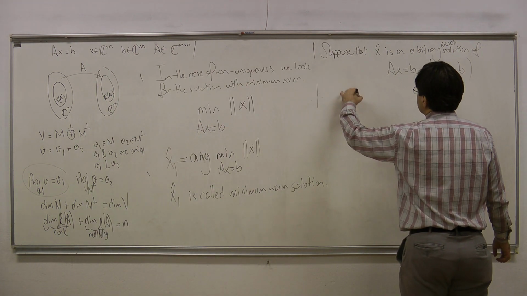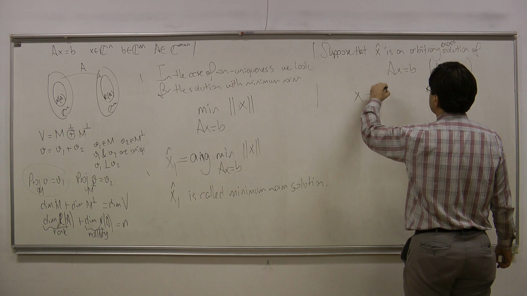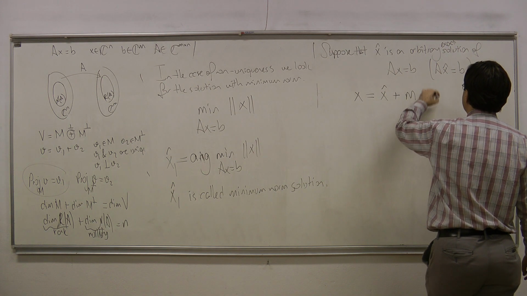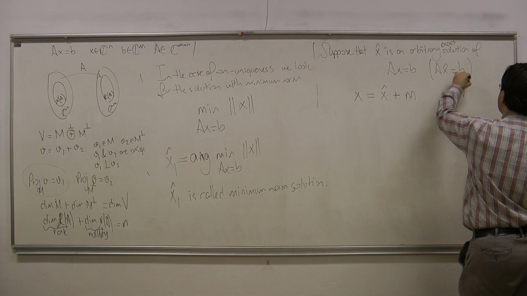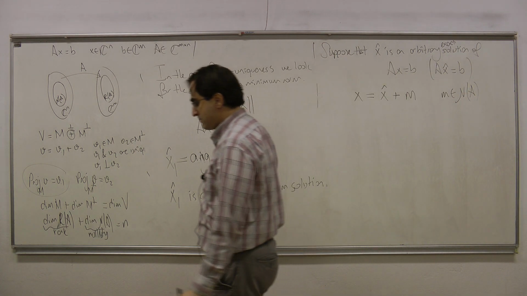I can write all solutions in the following form: x is equal to x hat plus m, where m is any vector inside the null space.